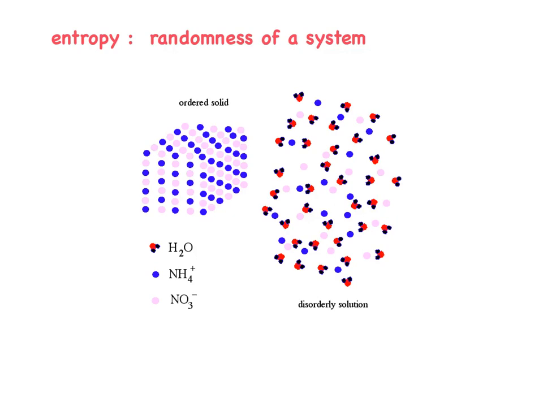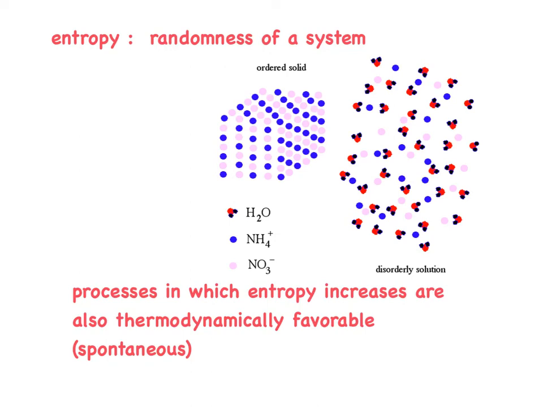And since our ammonium nitrate goes from a nice ordered solid to a very disorderly solution, the entropy of the solution increases. And processes that increase in entropy tend to also be thermodynamically favorable and are said to occur spontaneously.